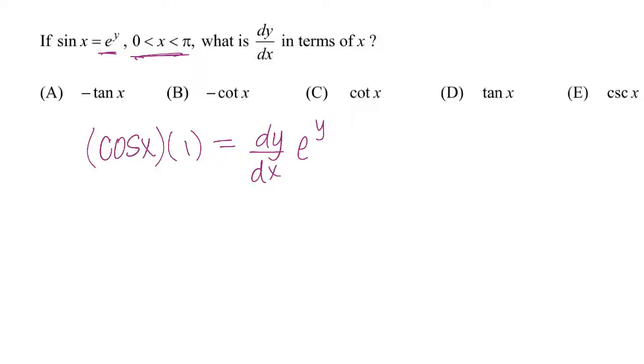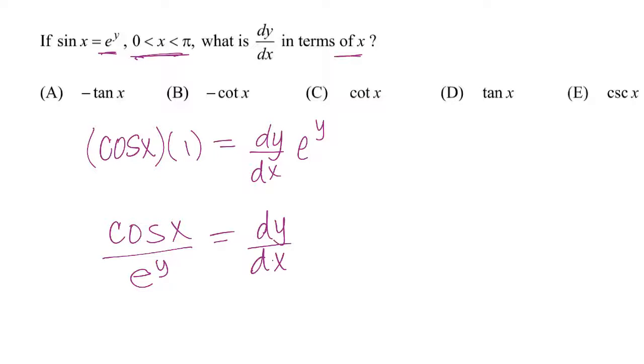And now this wants us to rewrite this in terms of x. So for this one, we're going to have cosine of x over e to the y is equal to dy dx. Now this is where this one's kind of tricky.